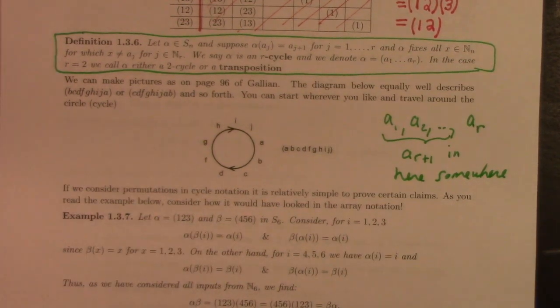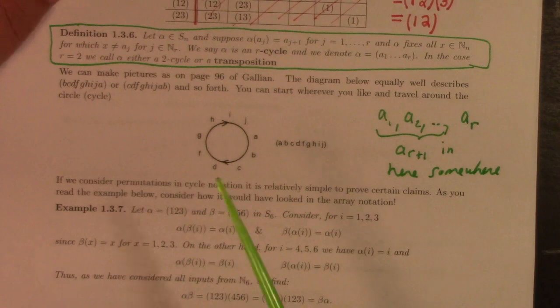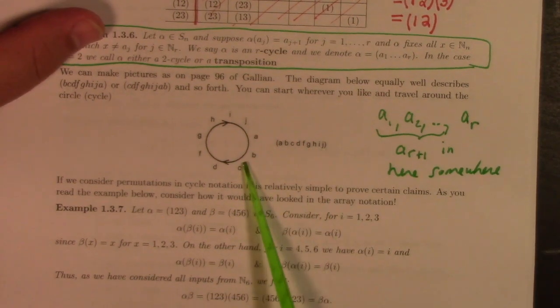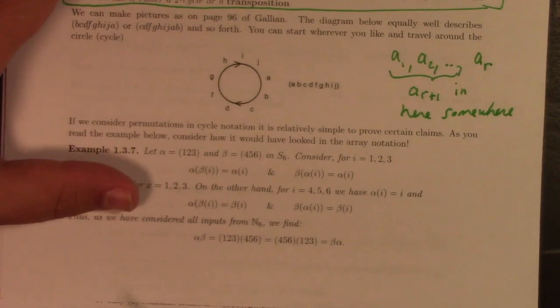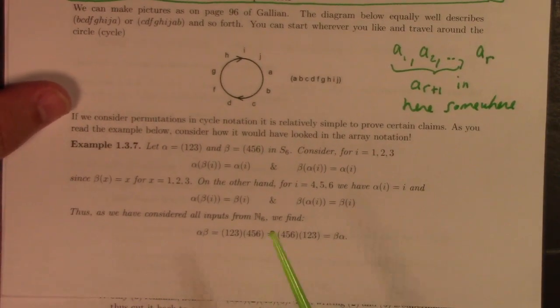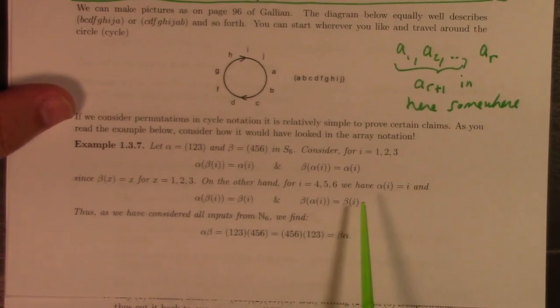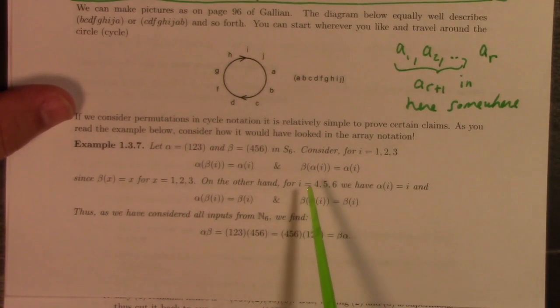I'm about to chase a rabbit here. Let me move along. All right, so there's a picture to illustrate this cycle corresponds to that diagram. Example 1.37 shows you how we could calculate. I'm just verifying. Oh, this actually is a motivating example. I should probably use it because it motivates, right?